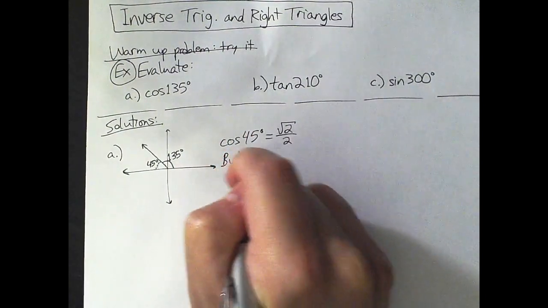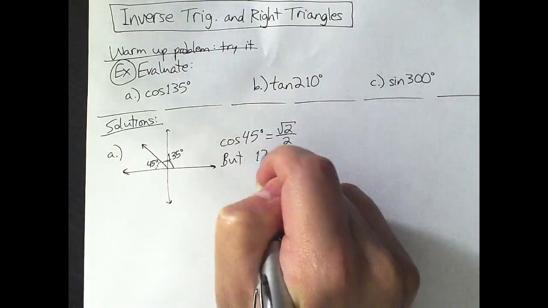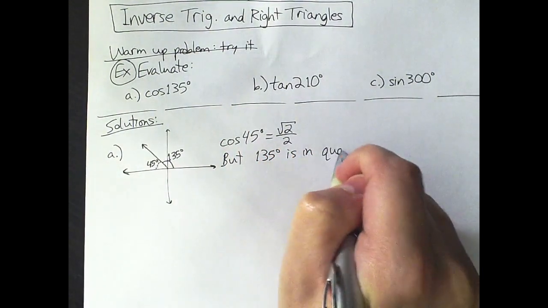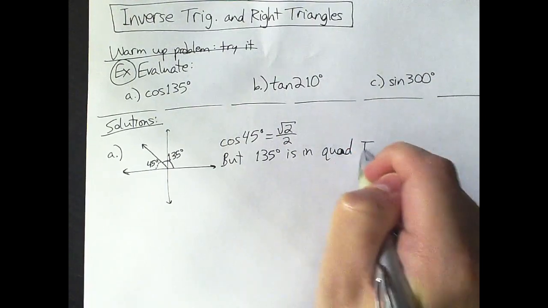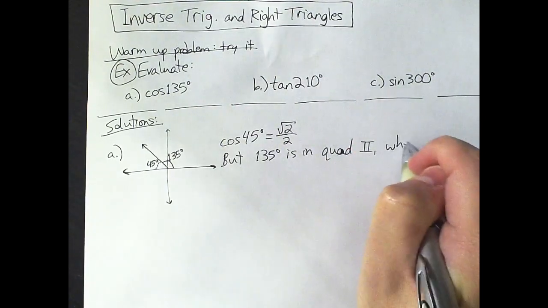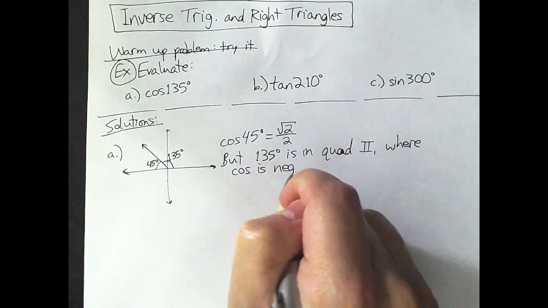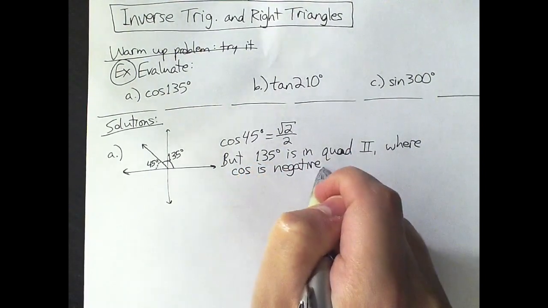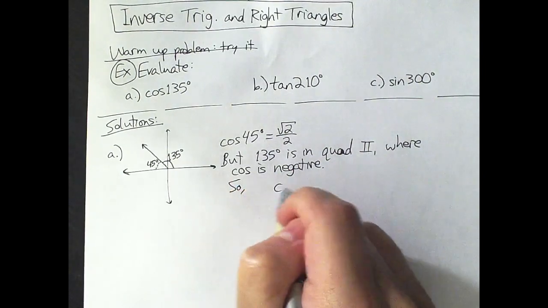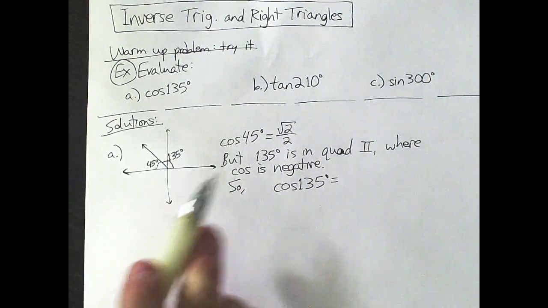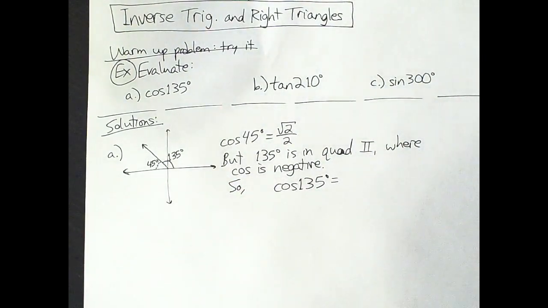That's good for the reference angle, but 135 degrees is in quadrant 2, where cosine is negative. We talked about this last time. So the actual answer that we're looking for, it's going to be some form of the square root of 2 over 2.